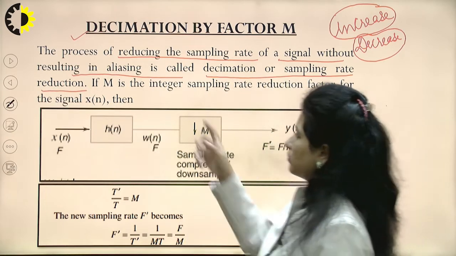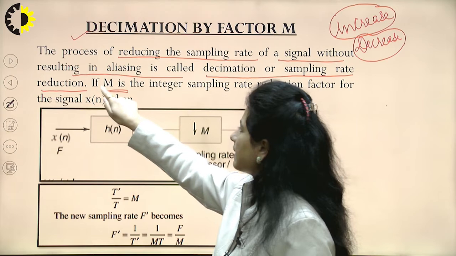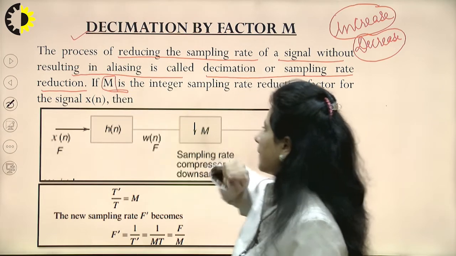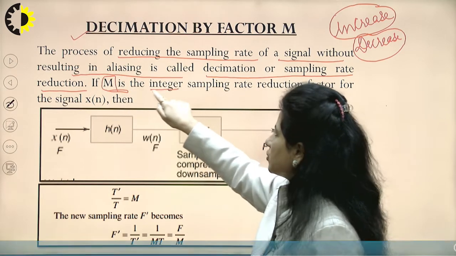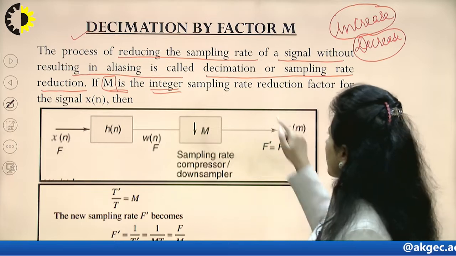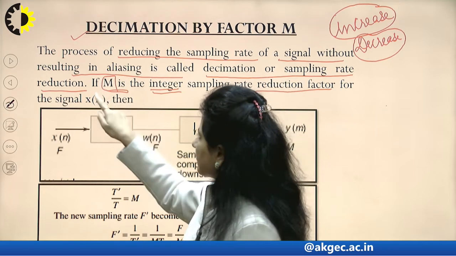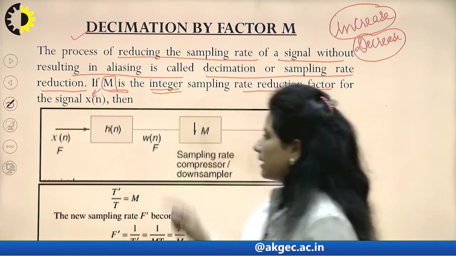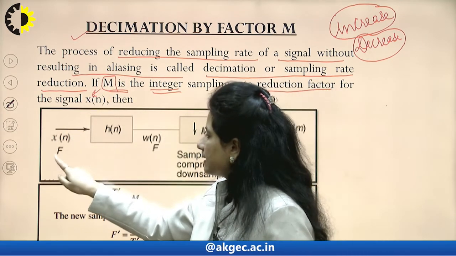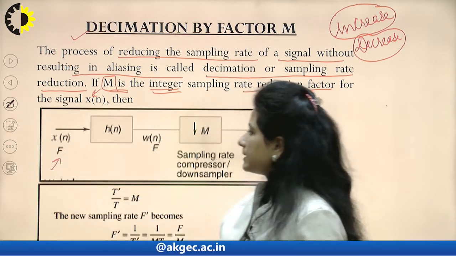Let me assume I want to reduce the sampling rate by a factor M, where M is an integer. The given signal is x(n), which currently has a frequency f.